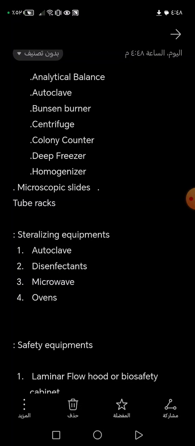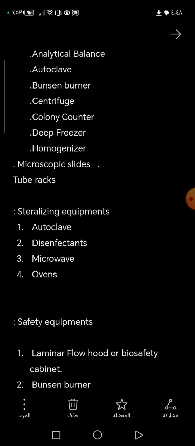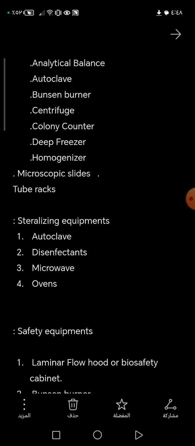Today I wanted to just show you something quickly about some main equipments of microbiology lab. Guys, I will tell you something. If you want to learn about biosafety in laboratory, actually I will not explain this in my channel because it will take a long time for me to explain about biosafety.